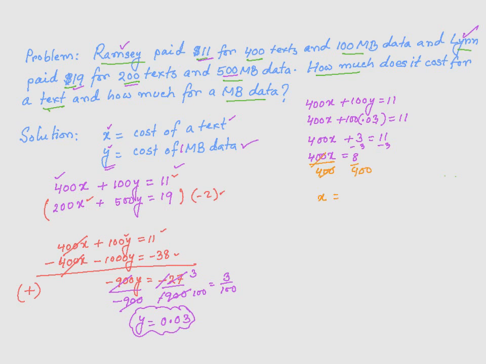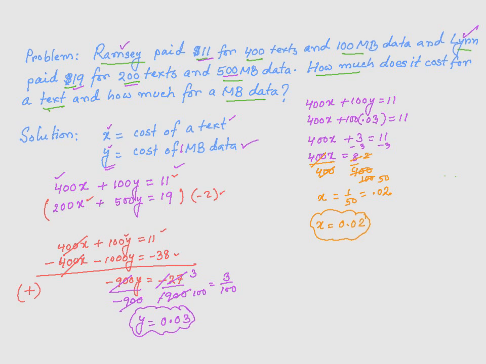And on the right hand side, 4 goes into 8 2 times, 4 goes into 400 100 times, 2 goes into 100 50 times, so it's going to be 1 over 50, which is 0.02. So x is equal to 0.02, or 2 cents. The cost of a text is 2 cents, or $0.02.